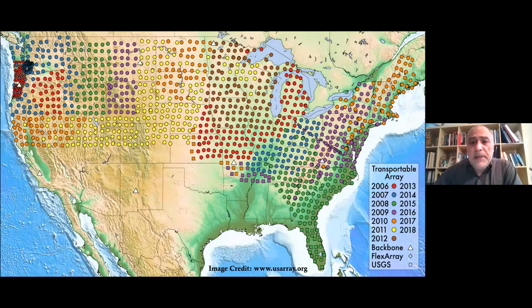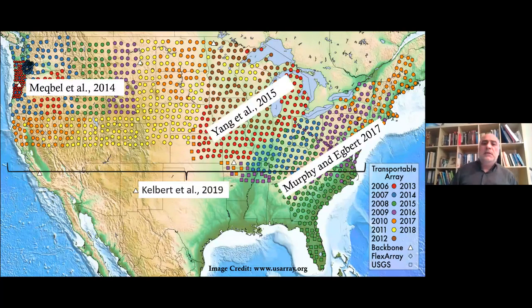There are several publications using this data. For example, in the western part, I was honored to work with this data back in 2014, and we published a paper using this part here. Later, other scientists used the data and also published 3D models from all of these data sets.